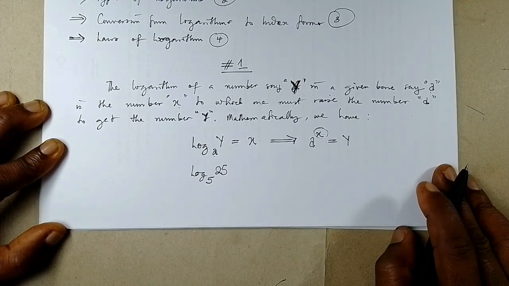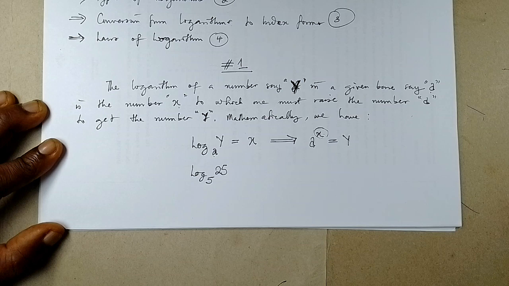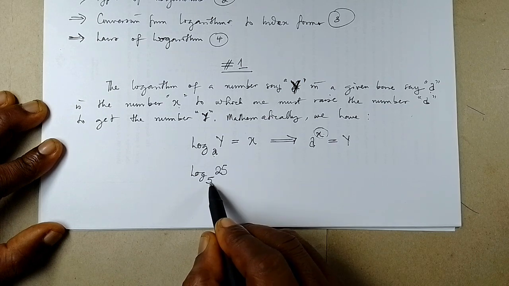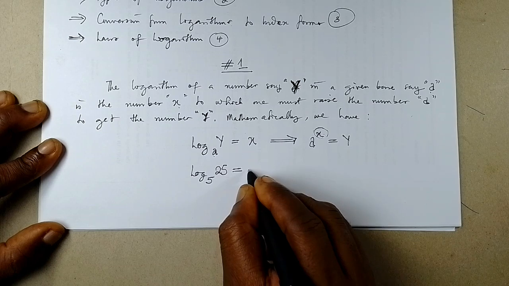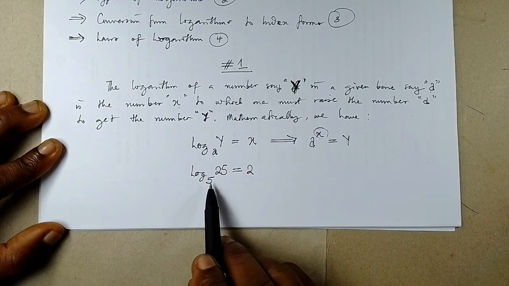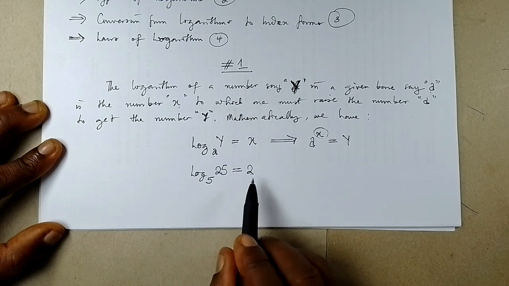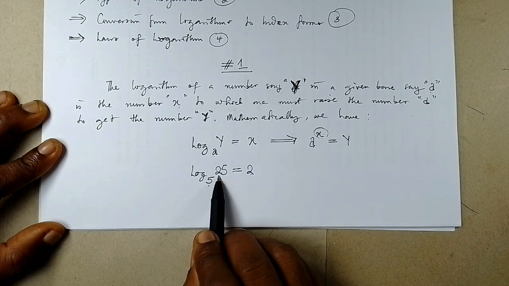It will be the number to which you will raise 5 to get 25. The only number that satisfies that condition is 2. So the logarithm of 25 in base 5 is 2 because 2 is the number to which 5, this base, must be raised to get 25.